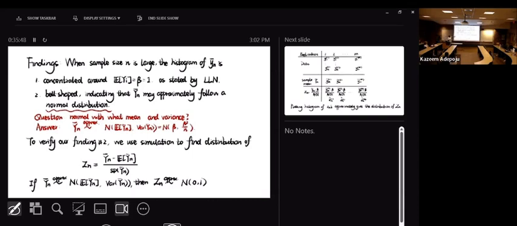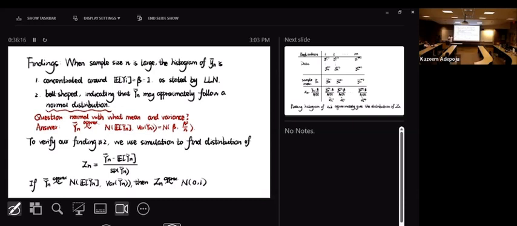The y bar now follows a normal distribution with mean beta, which is 1, and variance sigma squared over n. What is sigma squared for this distribution? Sigma squared is beta squared. That is why you see beta squared over n. Any question?